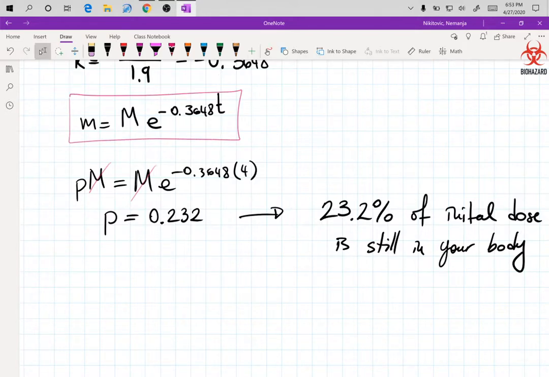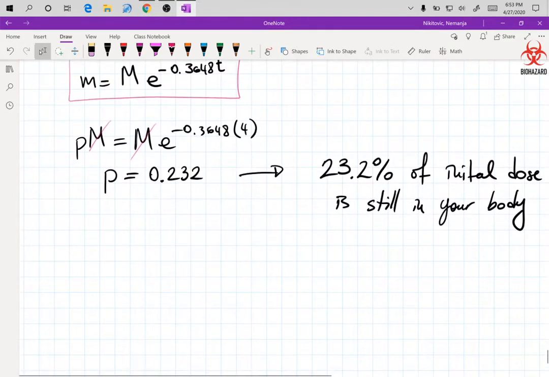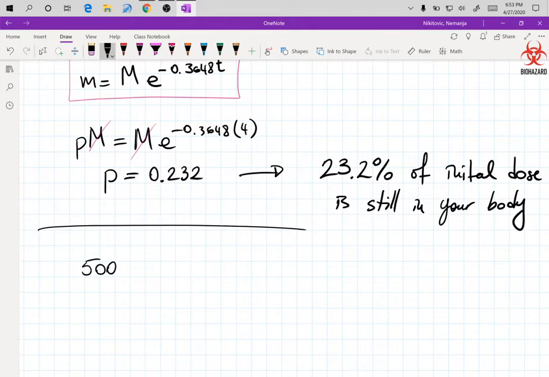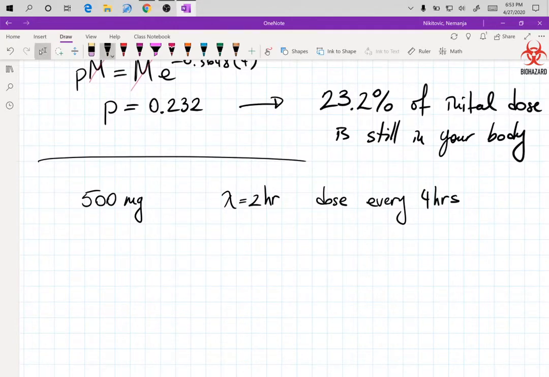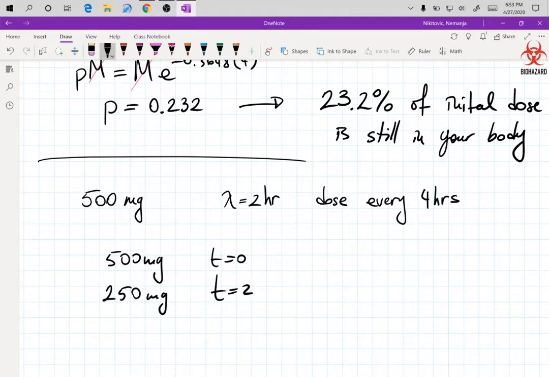So now, if I want to do a crude calculation, let's say you took 500 milligrams of a medication with a half-life of 2 hours, dosing every 4 hours. What is happening? Well, if you took 500 milligrams at time equals 0, there is 250 milligrams at time equals 2.